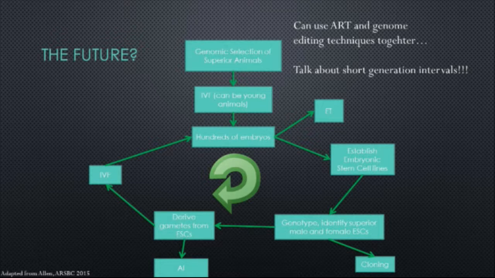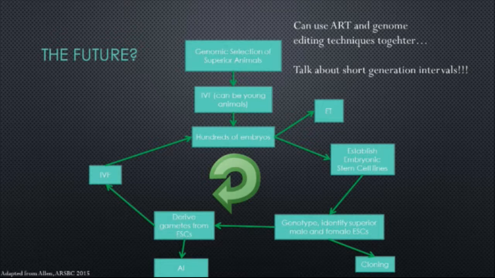But if we start to think about genomically selecting superior animals, then maybe we do some IVF, and we create hundreds of different embryos. We could use some of those in embryo transfer. Others we could establish basically cell lines out of those embryos. We could genotype them, identify the superior ones, and edit some of those and maybe use some of those in a cloning application.